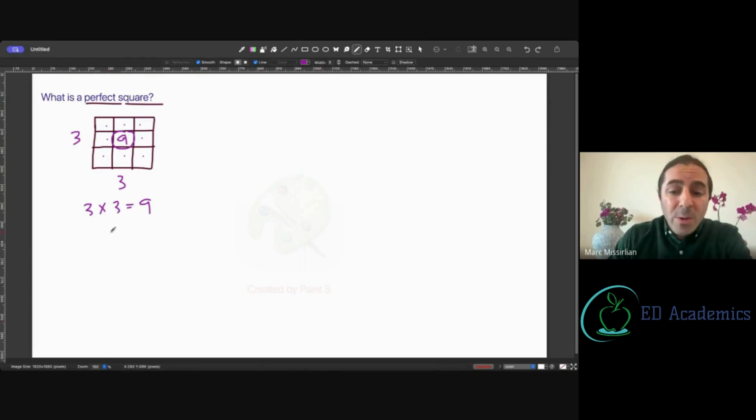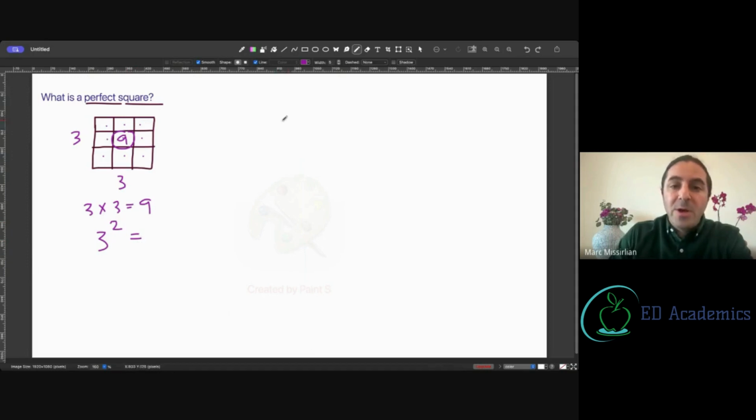So when we want to multiply two numbers together, mathematicians have a shorthand way of writing this. They'll write this as 3 to the second power, 3 to the exponent of 2, 3 squared.